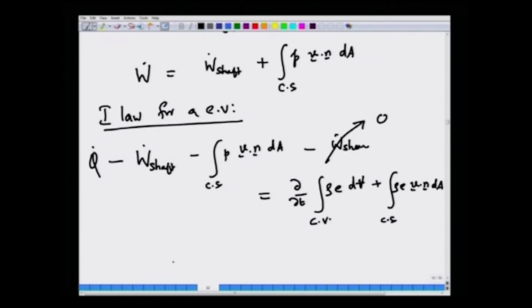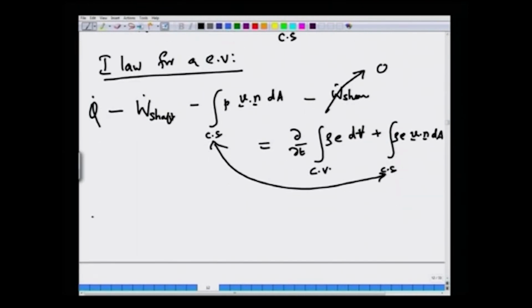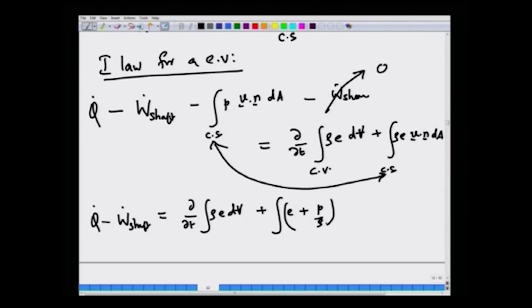Now, if you look at these two terms, they are identical. So, I can bring this term out here to write Q dot minus W dot shaft is d dt integral rho E dV plus integral E plus P by rho times rho V dot N dA.